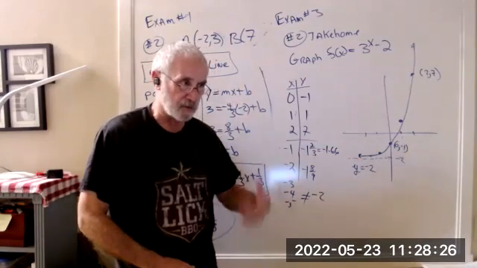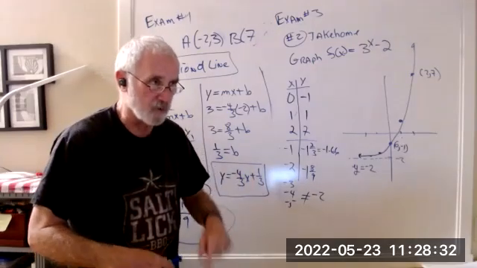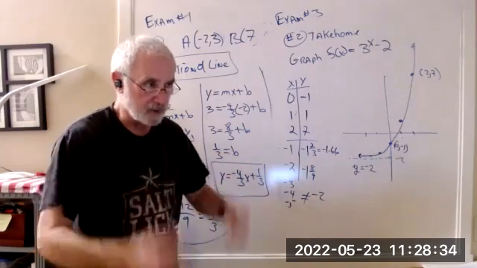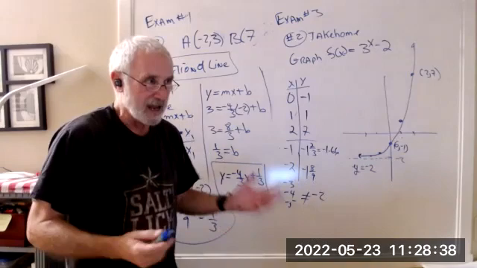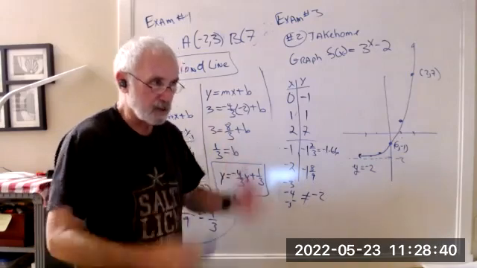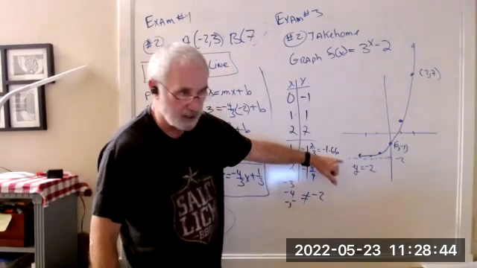It's called the asymptote. The graph will never equal that. The asymptote is the fancy word for the invisible line that my graph will never touch. That's what it means. An invisible line that my graph will never touch. That invisible line is y equals -2.